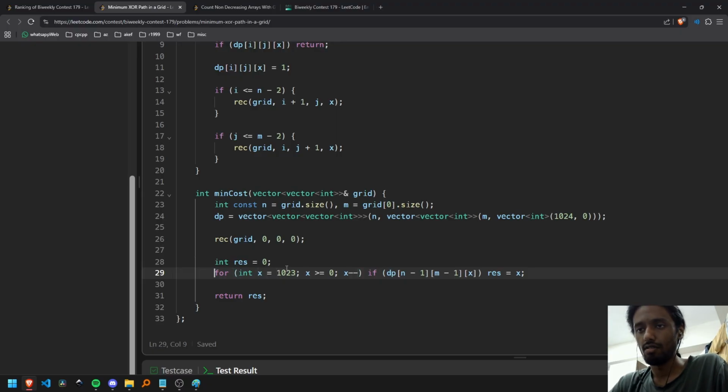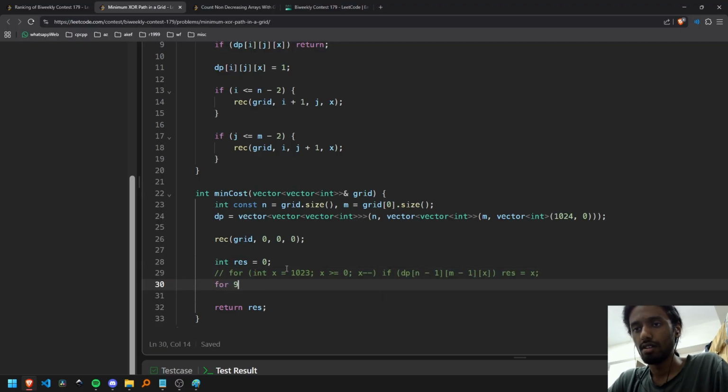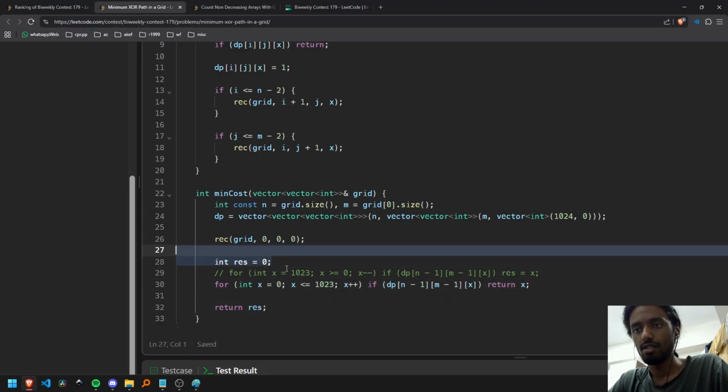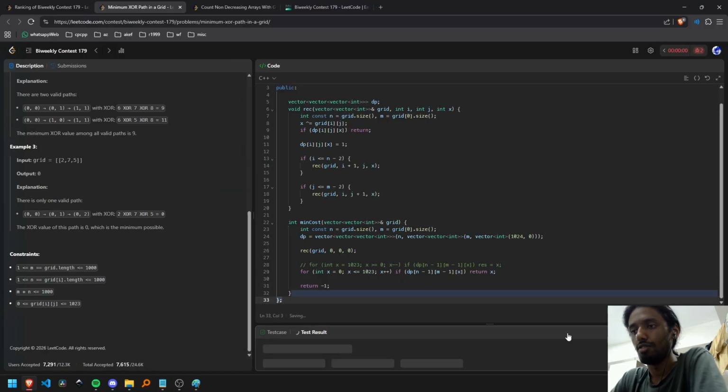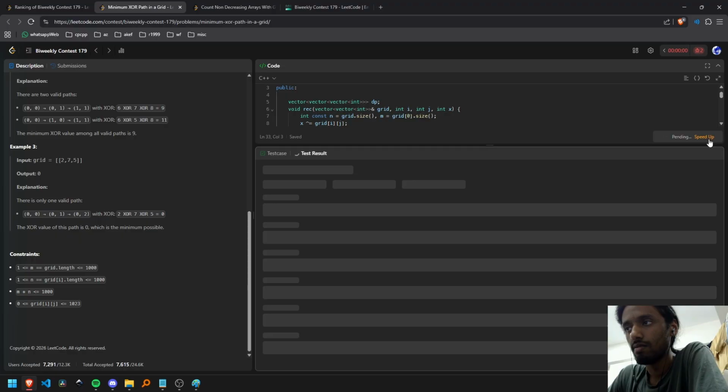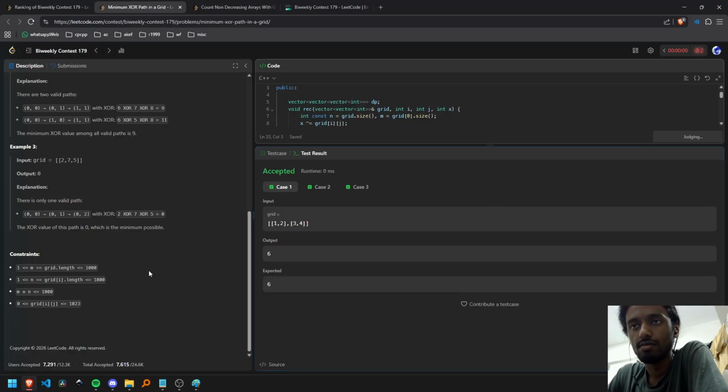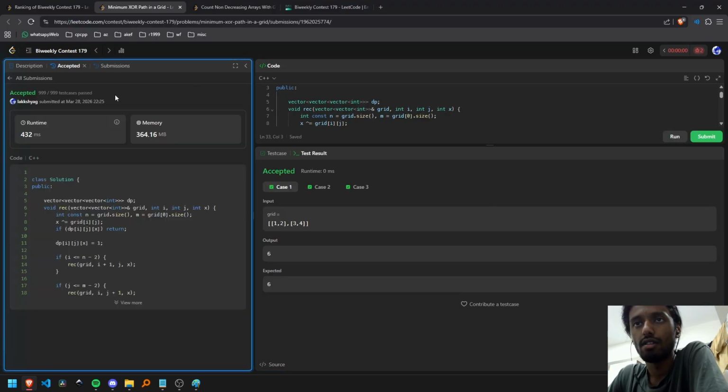Instead of this you can just make this dp n minus 1 m minus 1 x, then we return x, else we return minus 1. This won't hit, putting this just in case. Yeah, this will pass. It's the same solution, it's not much difference.